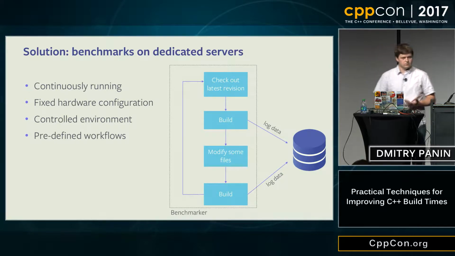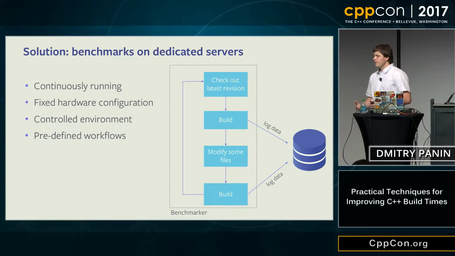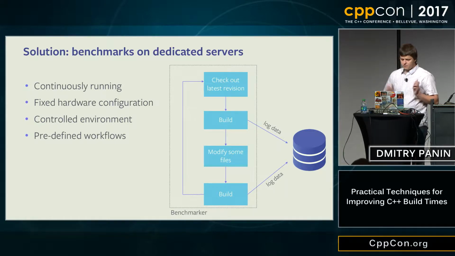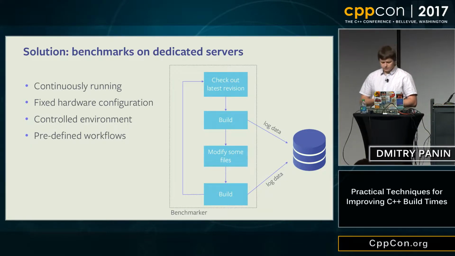And it's all good, right? We know the hardware configuration and it's fixed, so it doesn't change over time, and we can control the environment there and not run weird processes.